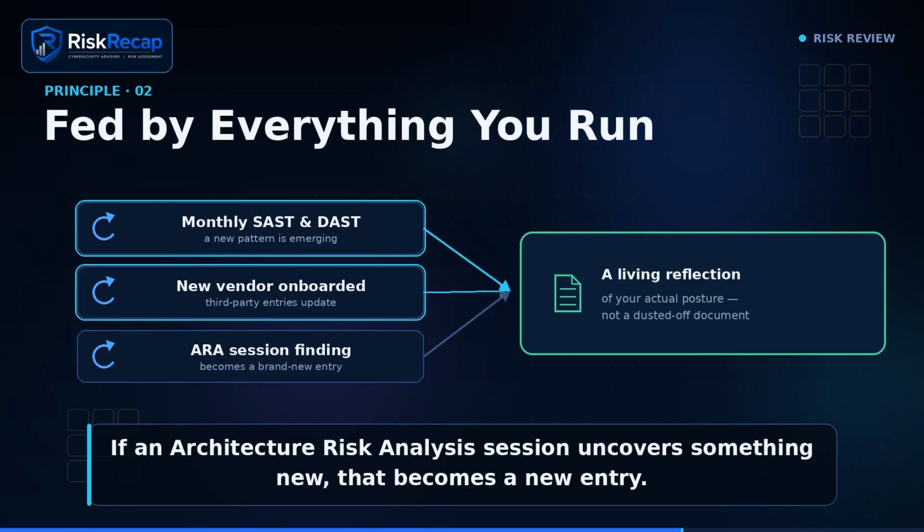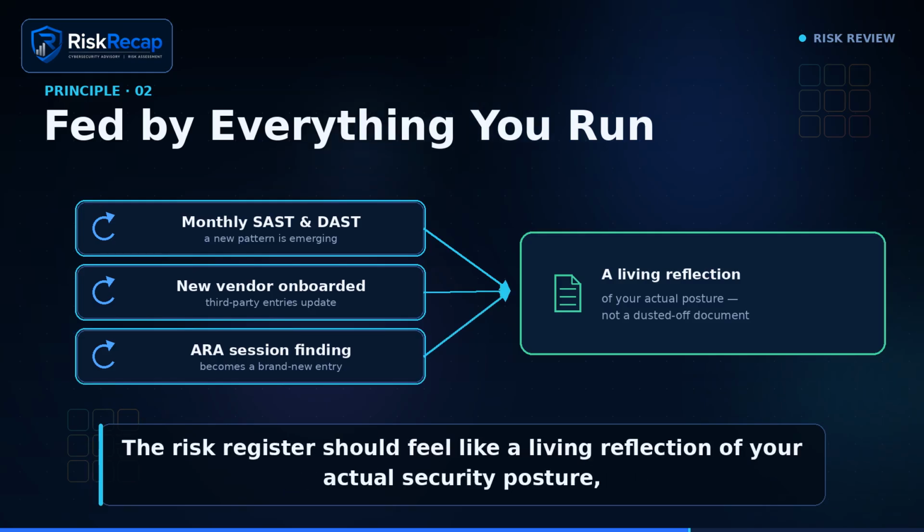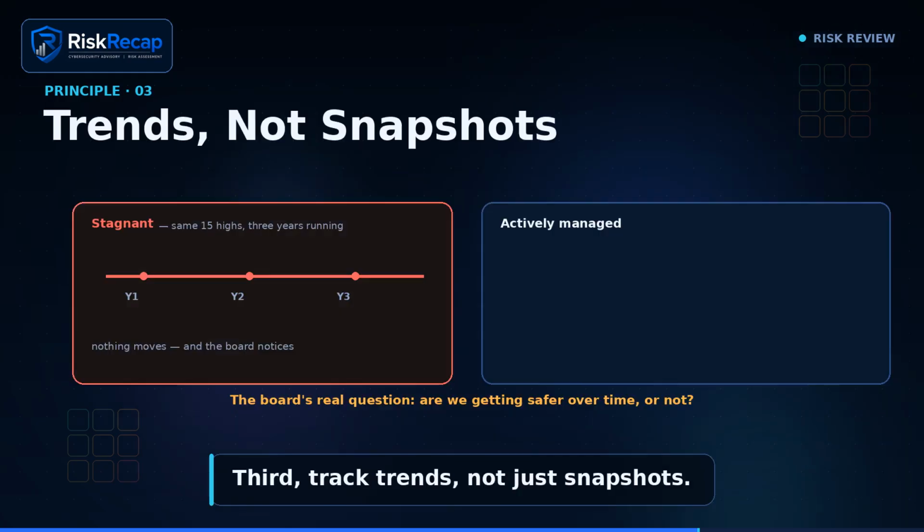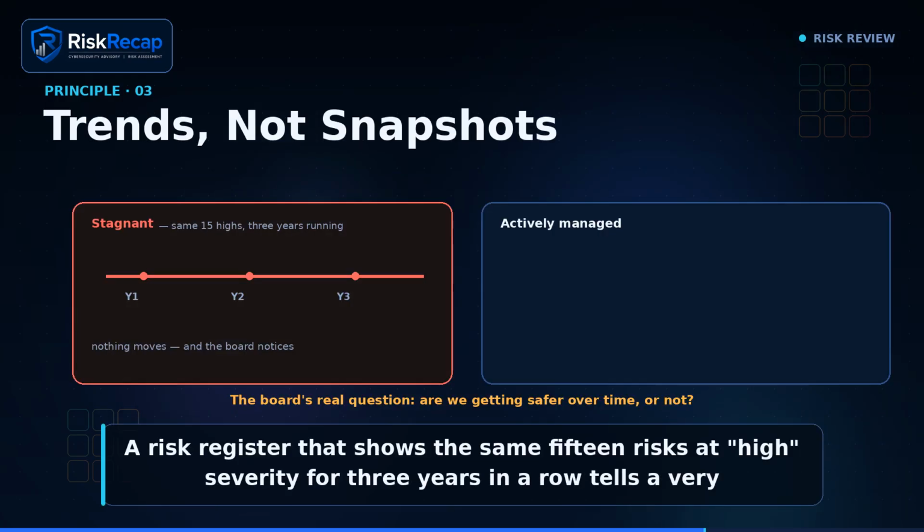If an architecture risk analysis session uncovers something new, that becomes a new entry. The risk register should feel like a living reflection of your actual security posture, not a document that gets dusted off periodically.